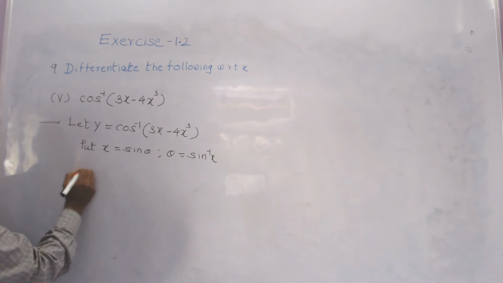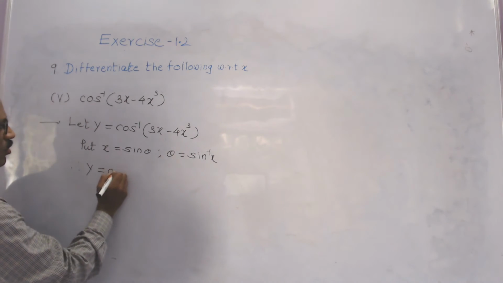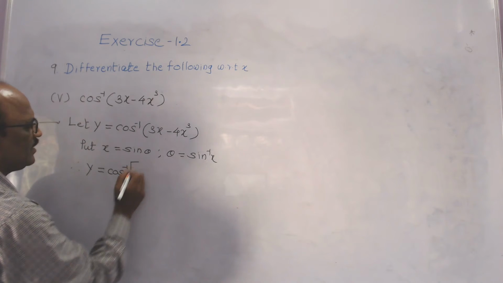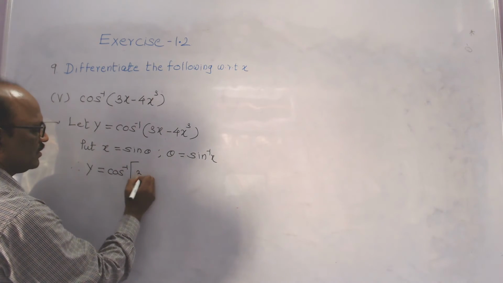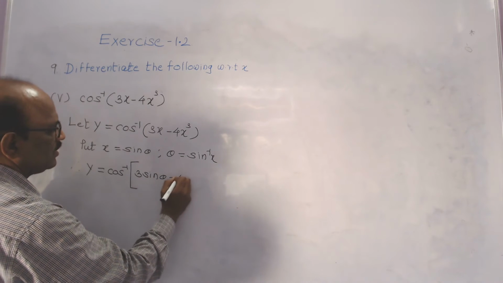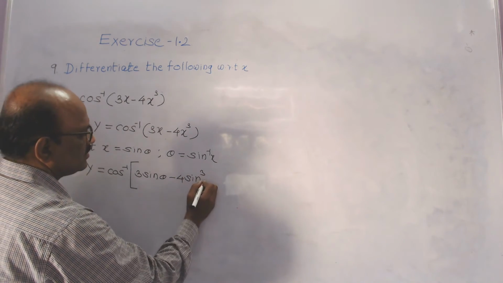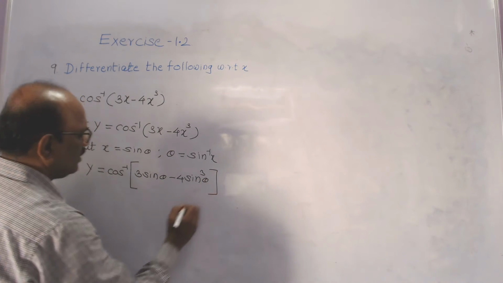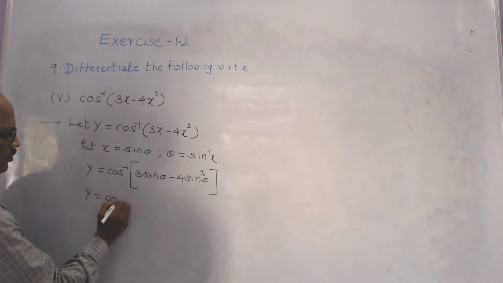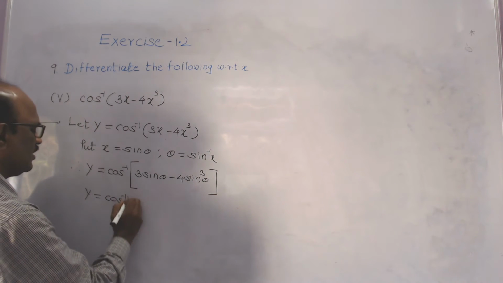This can be written as cos inverse, in bracket, 3 sin theta minus 4 sin cube theta.